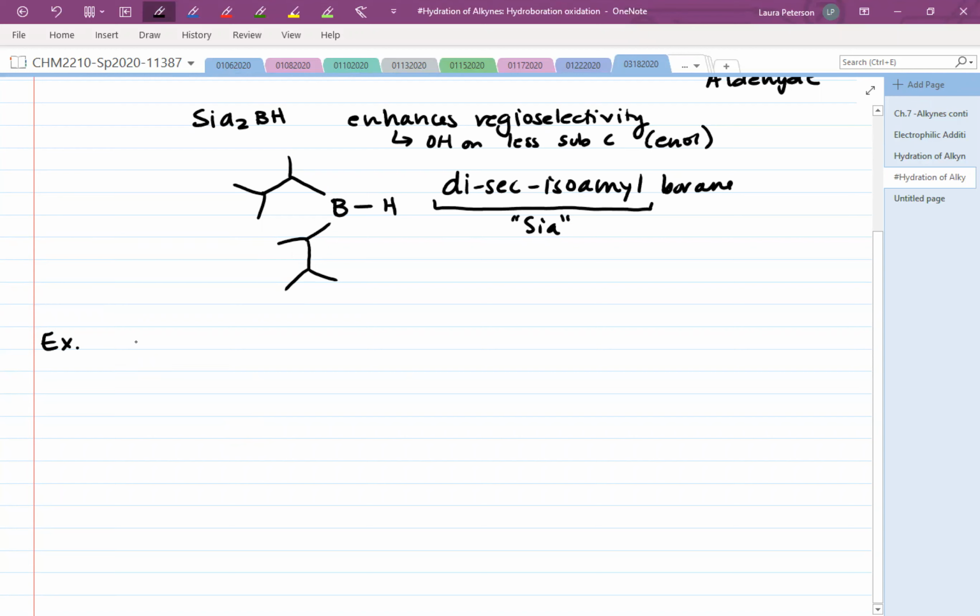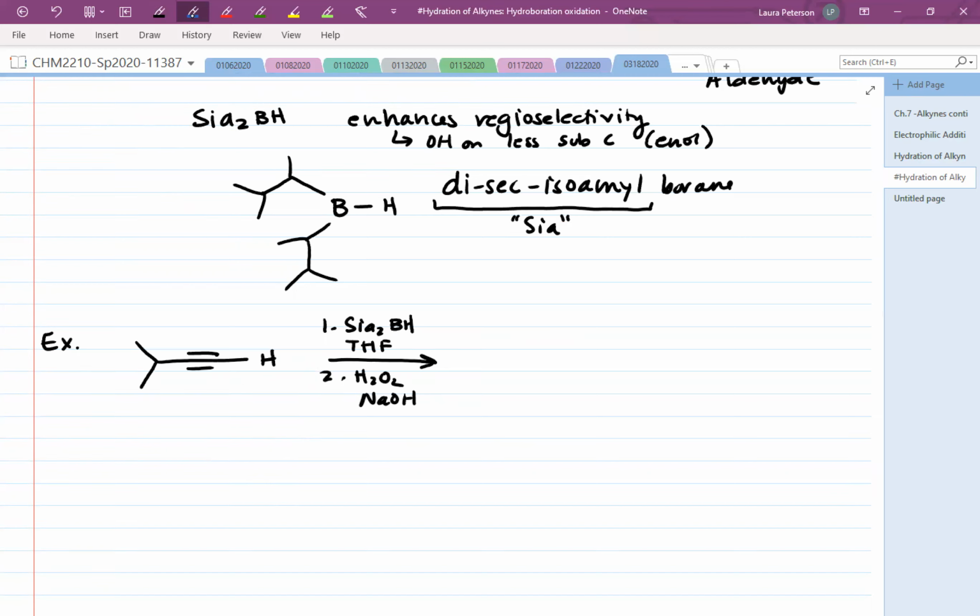So let's use this alkyne. Again, our conditions are going to be our disiamylborane, THF, and then H2O2 and NaOH. So the products of this reaction we could consider. We have a 4-carbon chain. Carbon 1 is the less and carbon 2 is the more substituted side of our alkyne.